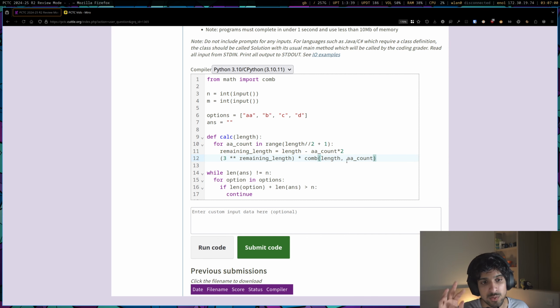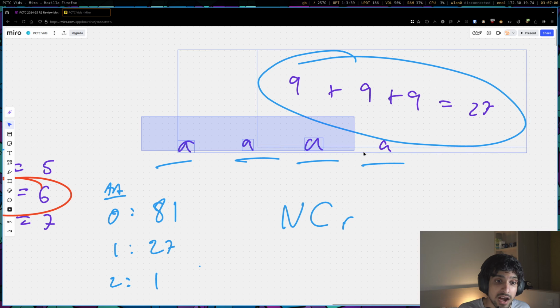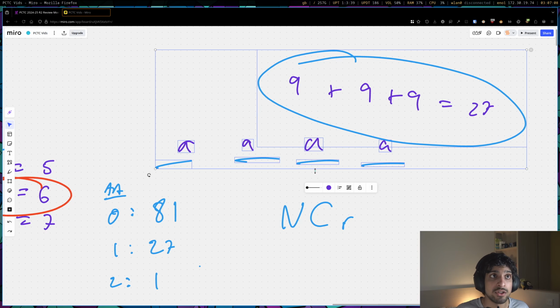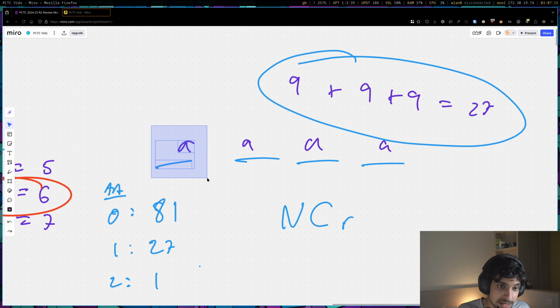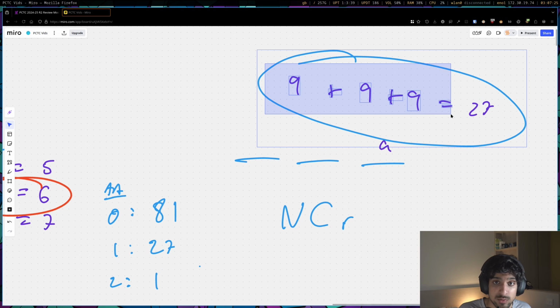So we are doing n choose r, but r remains the same and n changes. n is not the length that we have here. n is the length of what it is if you get rid of the duplicate A. If we know there's going to be 1 pair of A's, we can get rid of a duplicate A, and now we're essentially looking at the problem assuming there are 3 characters. So it's going to be 3 choose 1, which is 3, which is the amount of 9s we had here.